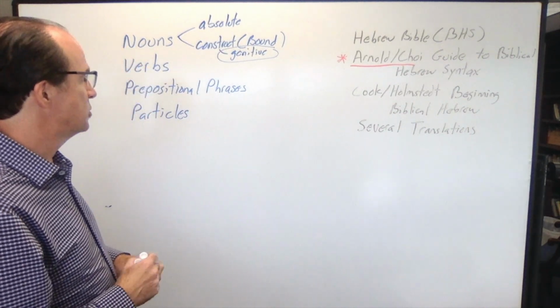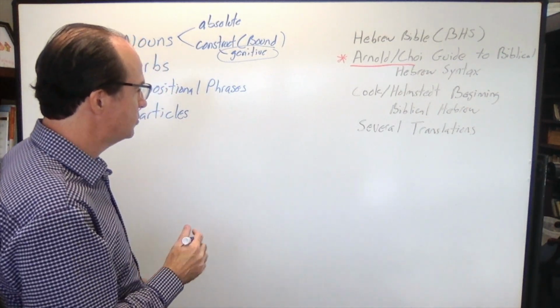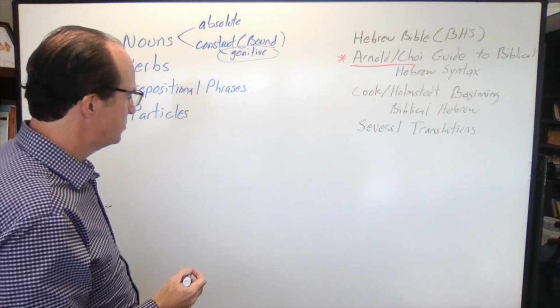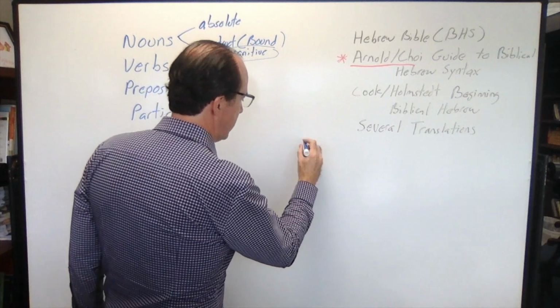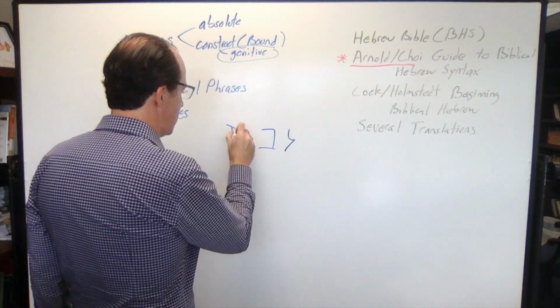So, for example, with the genitive, if you have two Hebrew words that are in the bound state, let's say that we have something like lev zahav.